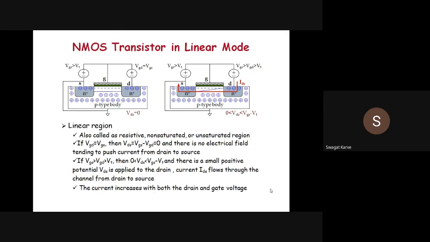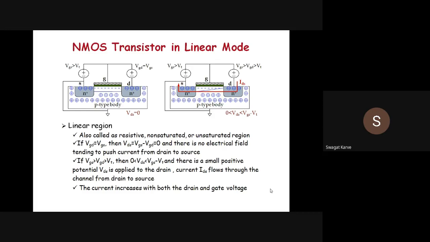So what are the two necessary conditions for the N MOSFET to operate in linear mode? The first condition: VGS should be greater than VT, that is, the gate to source voltage should be greater than the threshold voltage. And what is the second condition?